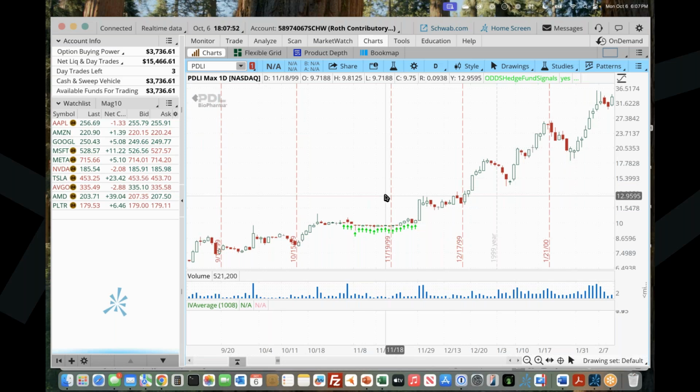I started working for Don Fish back in 1998, so this is a year after I started working with Don. We bought a straddle on Protein Design Labs somewhere in this area where all these little arrows are. Stock's trading around $10 a share. These prices have been adjusted for stock splits and all that, so they're not exactly what they were back when I got into this trade.